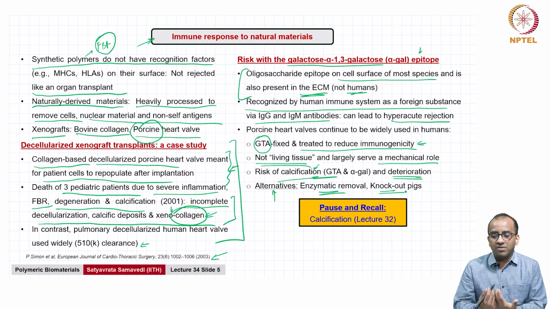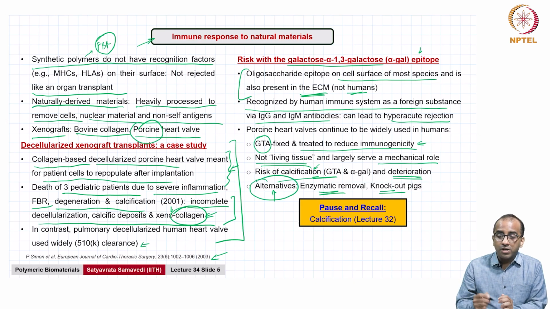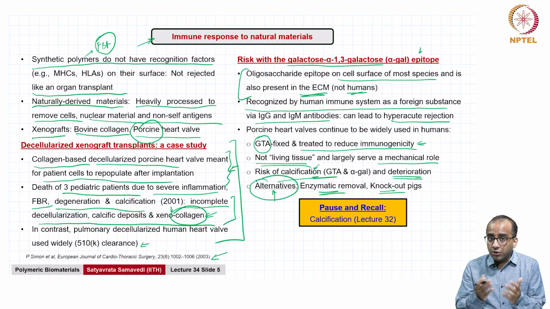So, if you do not have the enzyme to produce alpha-gal, alpha-gal is not going to be produced, which means there is no risk of alpha-gal related hyperacute rejection. So, some quick points to keep in mind in terms of newer ways of dealing with the alpha-gal risk.